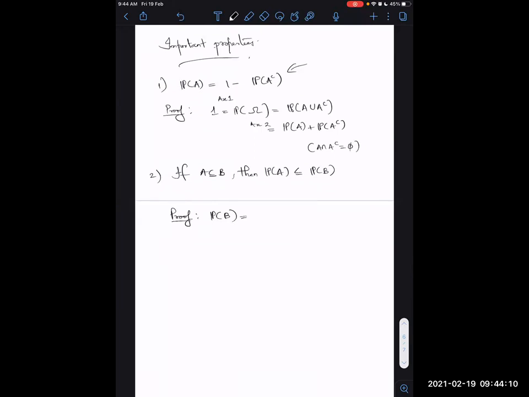If we split B into disjoint events, then the probabilities would add up. And if the probabilities add up, since the probability function is greater than or equal to 0, the LHS would be greater than or equal to the RHS without the rest. It might not sound concrete for now, so let's just see it.